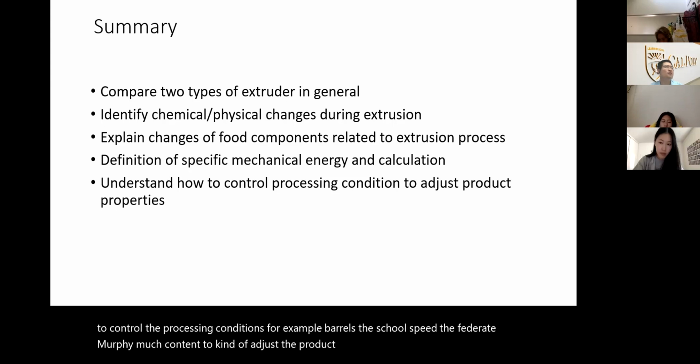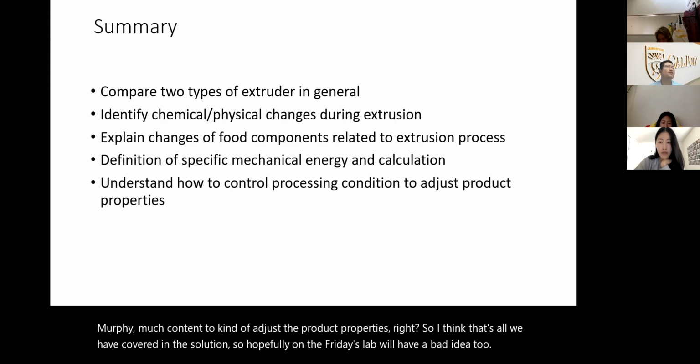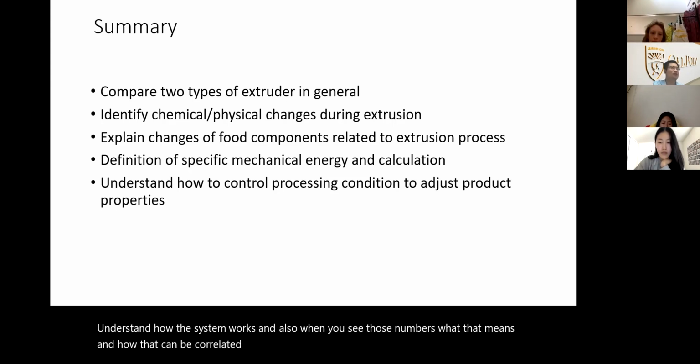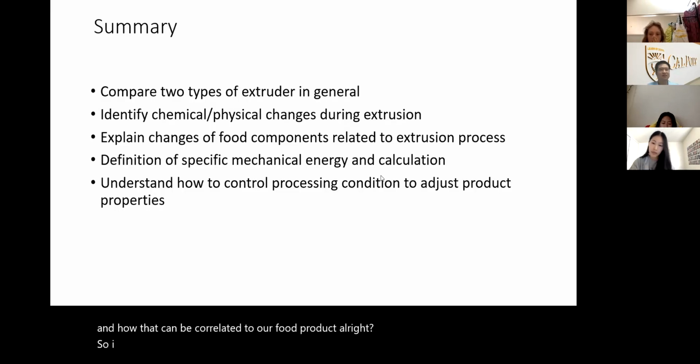So I think that's all we have covered in extrusion. Hopefully in Friday's lab, you have a better idea of how the system works. And when you see those numbers, you'll know what they mean and how they can be correlated to our food product. All right, I think that's all for this class, and I'll see you this Thursday, okay?